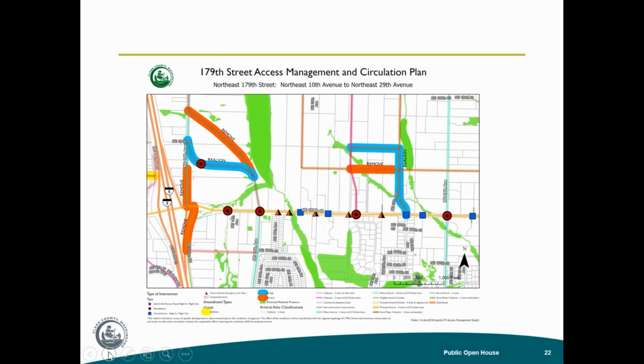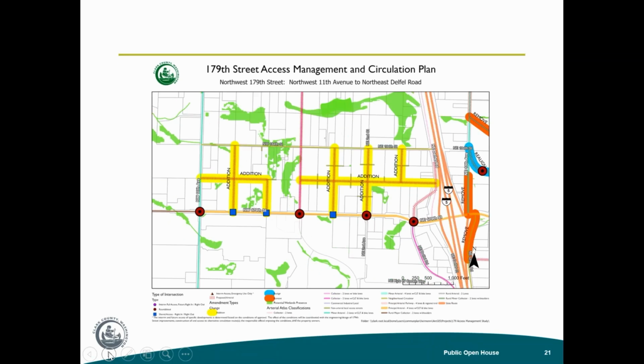You're also seeing the intersection types noted at the intersections. The red circles are shown as future roundabouts, with the blue squares shown as right in, right out access.